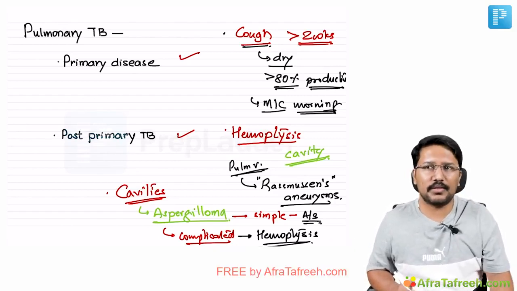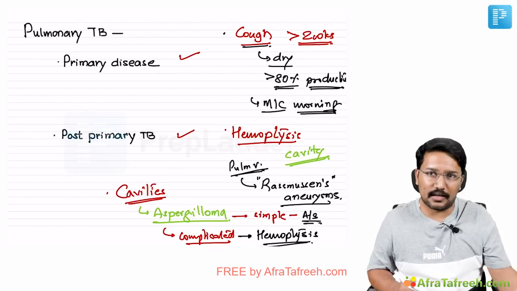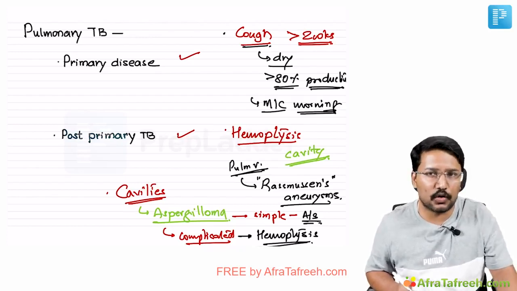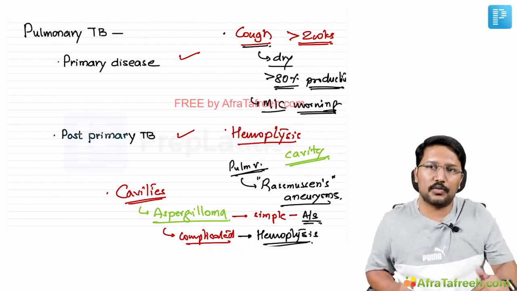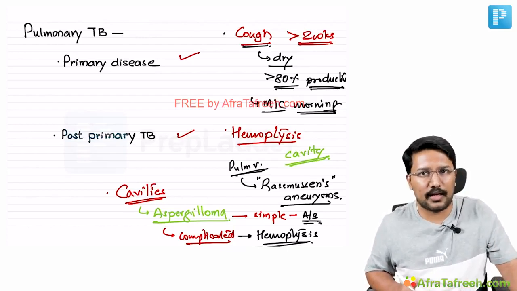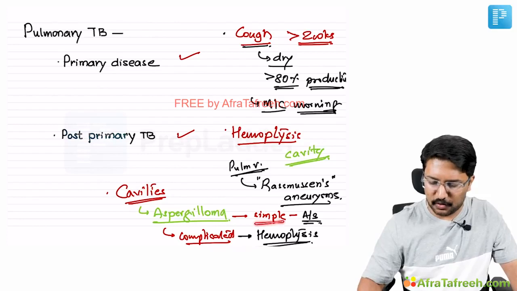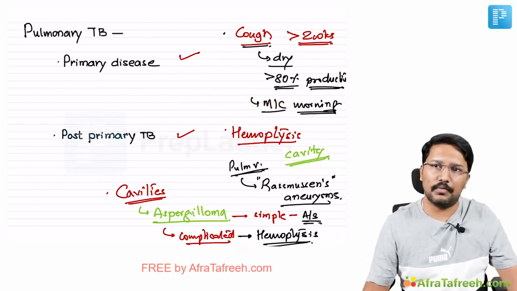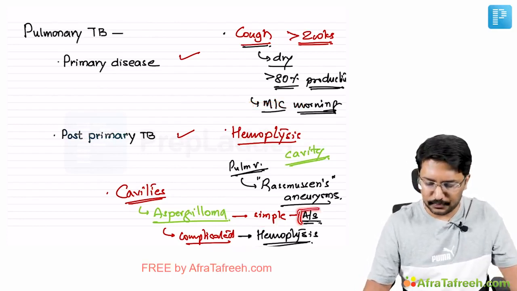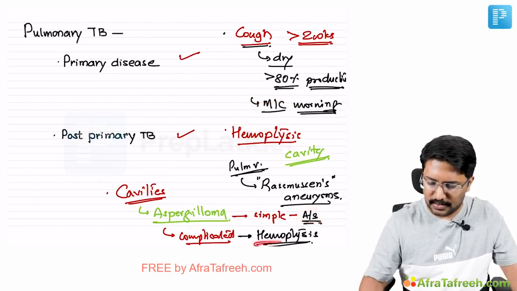All the recent literature and textbooks mention hemoptysis as the most common feature. Simple aspergillomas are less common than the complicated aspergillomas. If the question specifically asks what is the most common presentation of simple aspergilloma, maybe then you can think of asymptomatic.